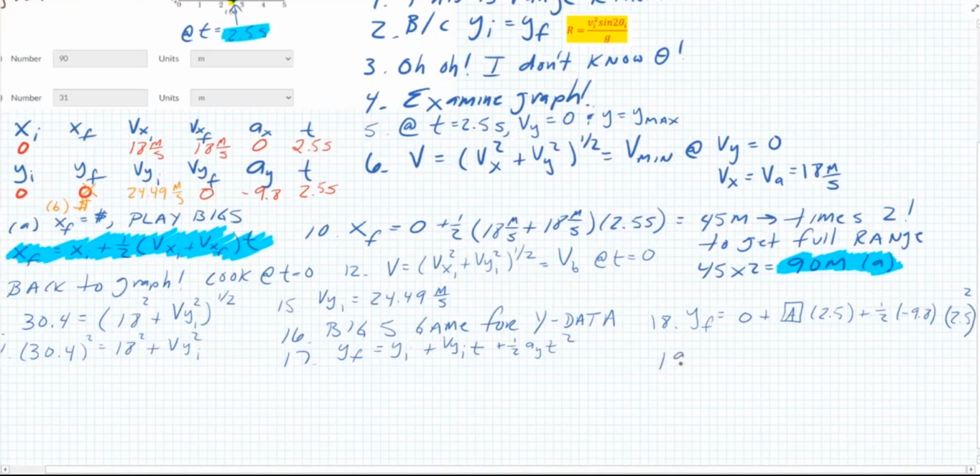So let's see, so the peak height, 4.9 times 2.5. Okay. Y sub f, this is the peak height, equals 30.62 meters, and that is the answer to part B.